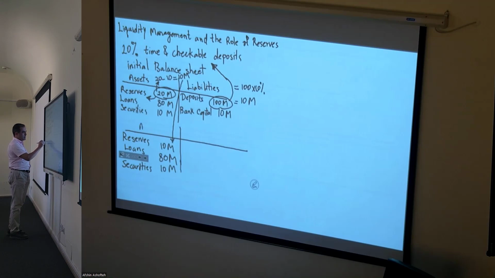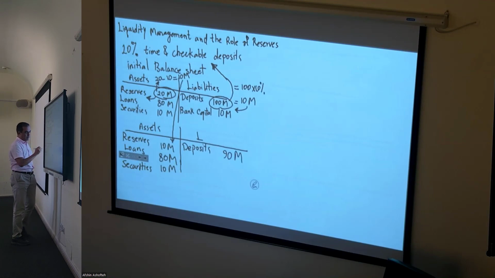So this is the asset side. The liability also is the deposits. The deposits are reduced by this 10 million, so it would be 90 million.